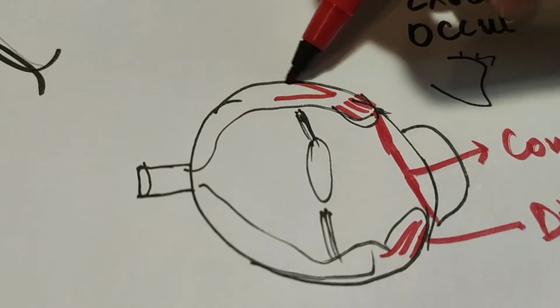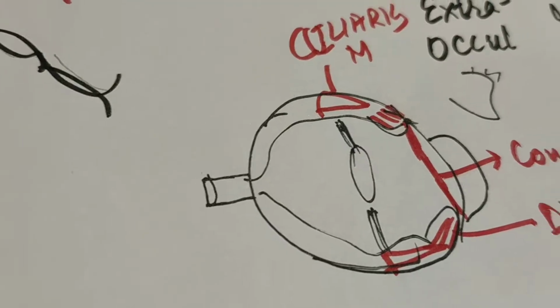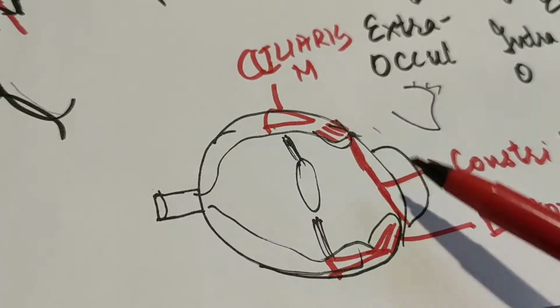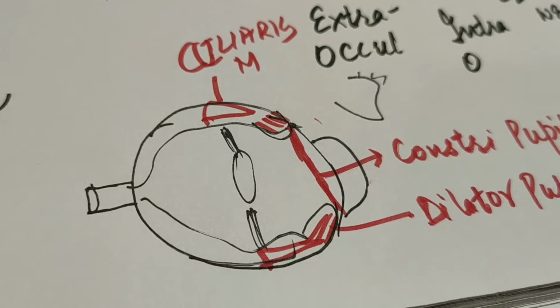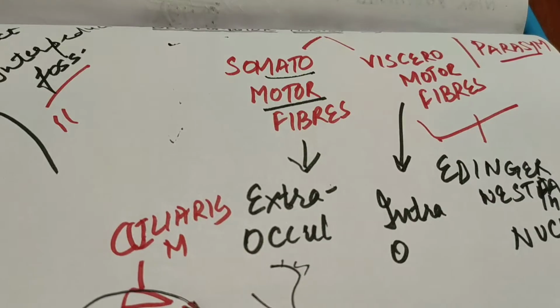This is the ciliaris muscle over here. These are the intraocular muscles. This is the eye and this is inside the eye. These muscles are supplied by the parasympathetic fibers or visceromotor fibers.